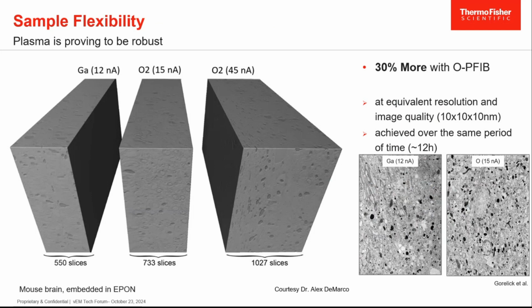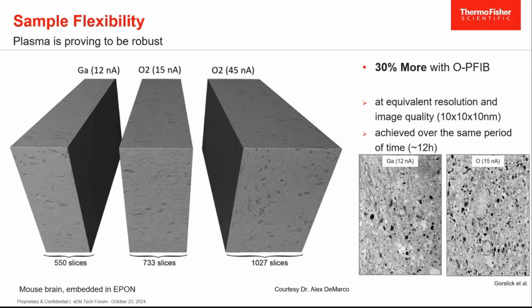When you keep 2 parameters the same, in this case the voxel at about 10 nanometers and the acquisition time at about 12 hours, if you look at the left and the middle, you can see approximately a 30% increase, from about 550 slices to 730, of material which can be removed. So now we're talking about more efficient removal of material compared to that of gallium.